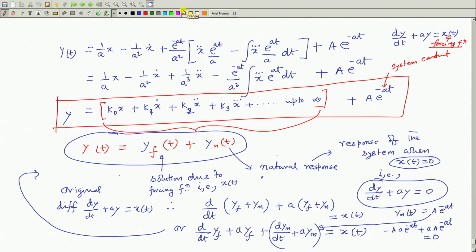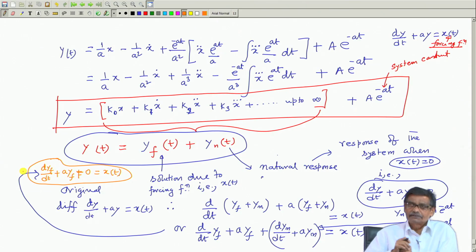I will say that it will be equal to d y f dt plus a y f, plus this has to be 0, these two terms equal to x t excitation. So, the conclusion of this equation is this: the solution consists of two parts, the natural part which does not depend upon excitation, and the natural part, if you substitute on the left hand side, will always give rise to 0.